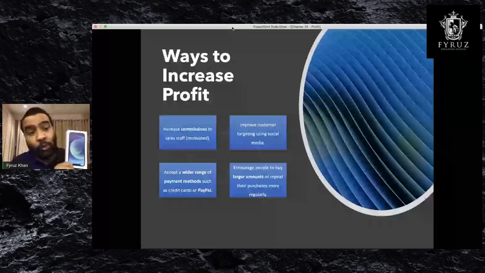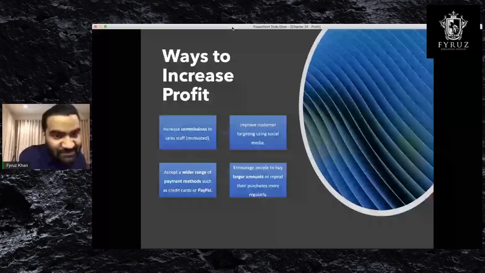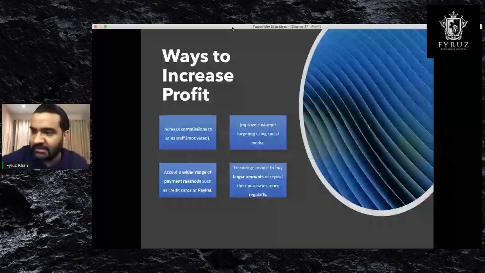So they'll be more motivated to sell more. So increase the commission, and social media helps you to do that. Okay. Accept a wider range of payment methods.